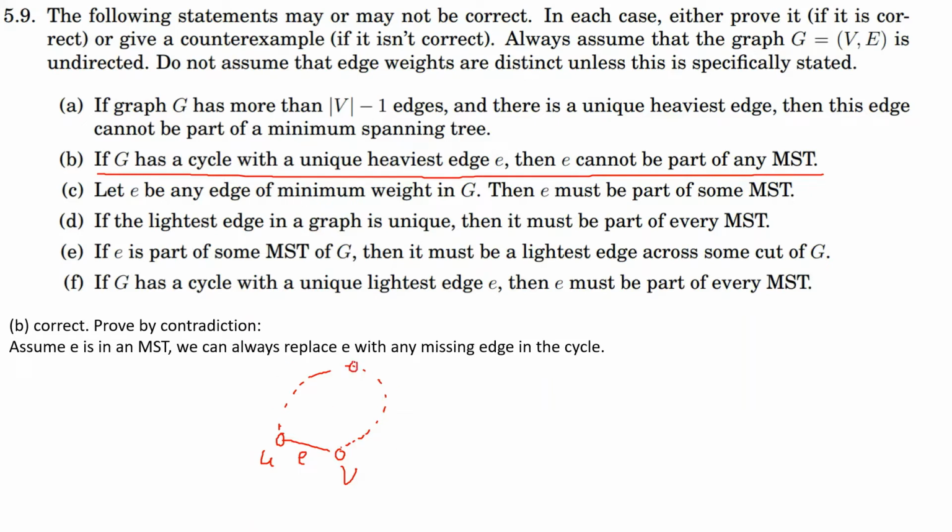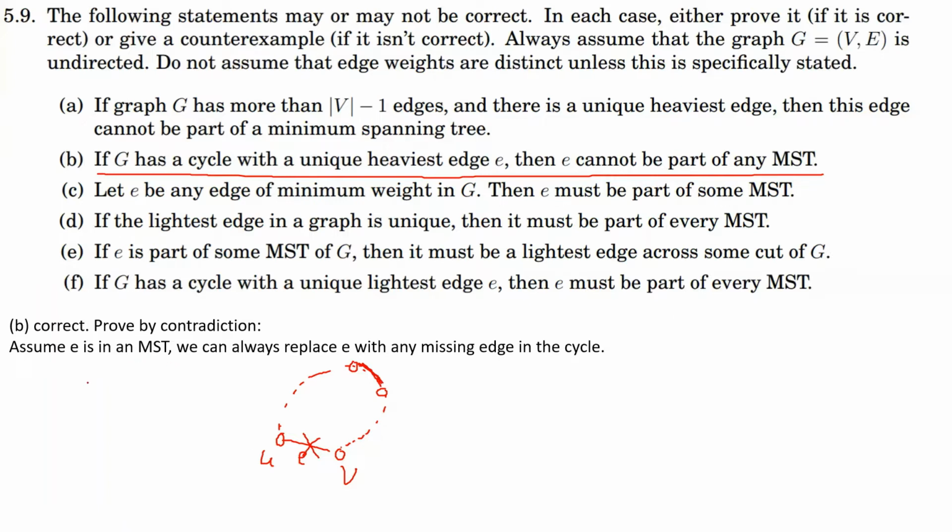So you can always find an edge that is missing in the MST. And this edge has a smaller weight than E. So you can just delete E and add the missing edge here, and you obtain another spanning tree which has a smaller total weight than this MST.